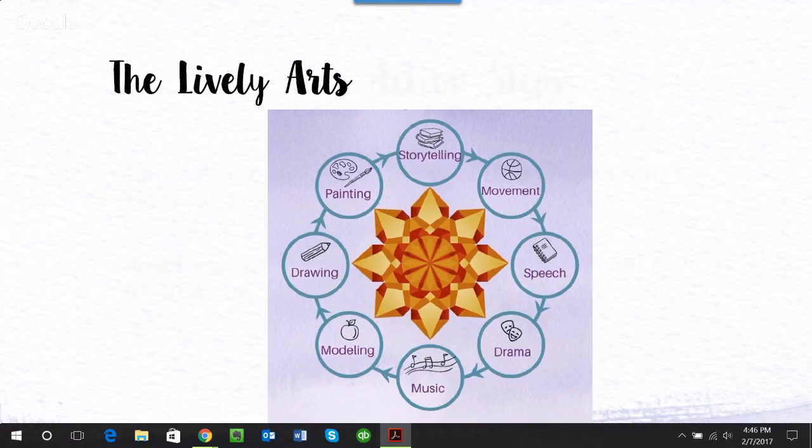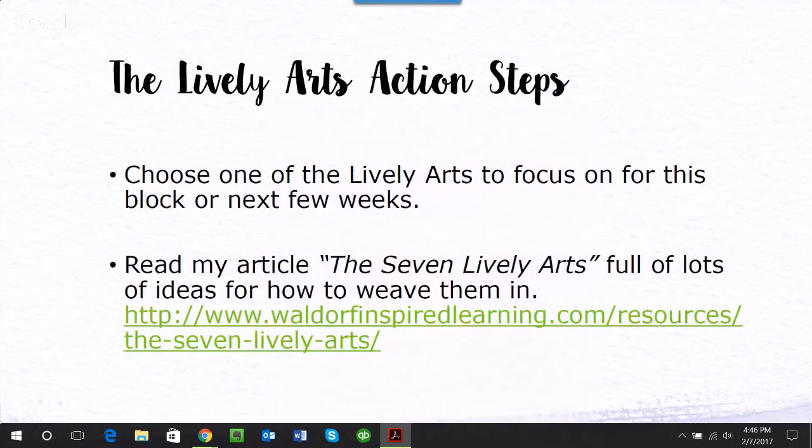Okay, so here are some action steps for the lively arts. And again, I encourage you to pick one. If there's one that you feel like you've left out altogether for years even, pick that one.